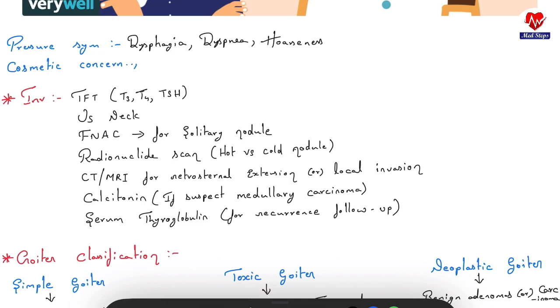Then the radionuclide scan for finding hot versus cold nodules. In severe cases we can do CT or MRI for retrosternal extension or local invasion, calcitonin if we suspect medullary carcinoma, and serum thyroglobulin for recurrence follow-up. So these are the things we have to do.